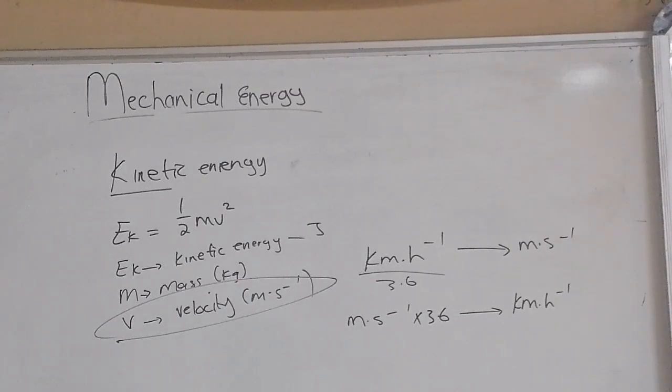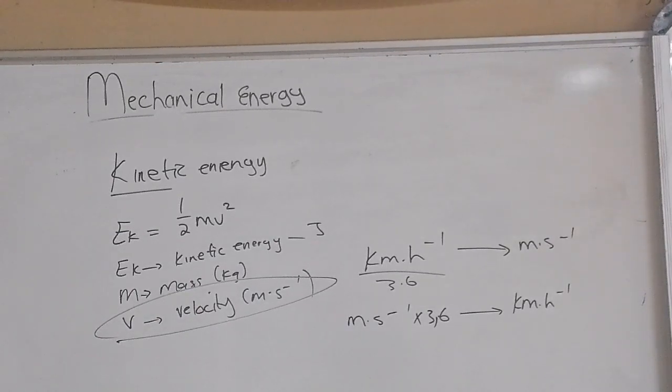So to convert kilometers per hour to meters per second, you simply divide by 3.6. But if you are given meters per second and they want kilometers per hour, you simply multiply the meters per second by 3.6.